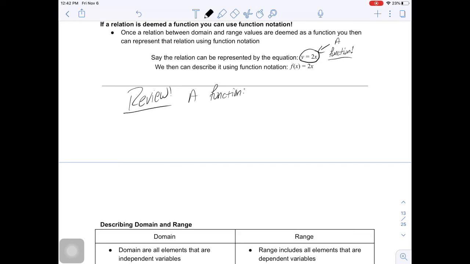It has two criteria. It has no repeating domain value and all domain values need a corresponding range value.